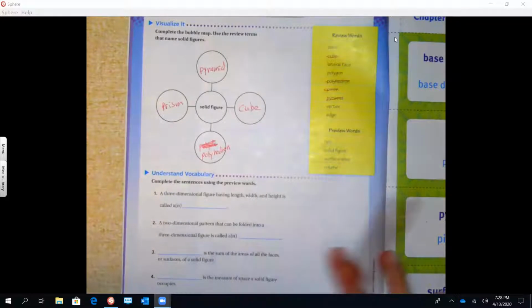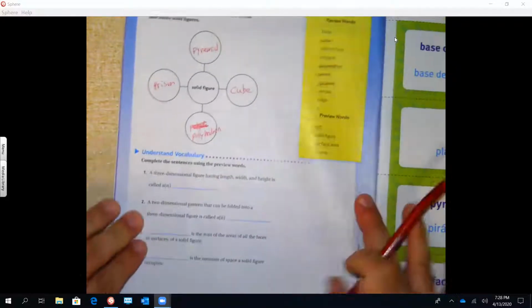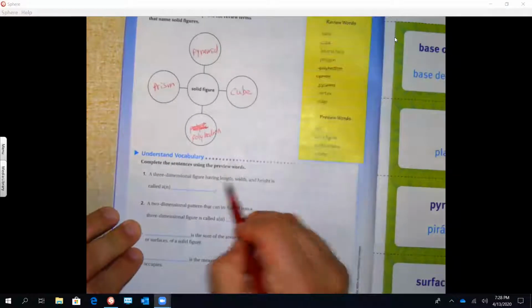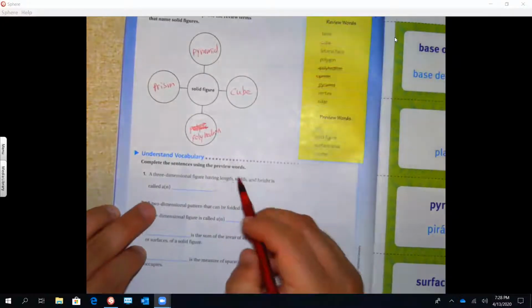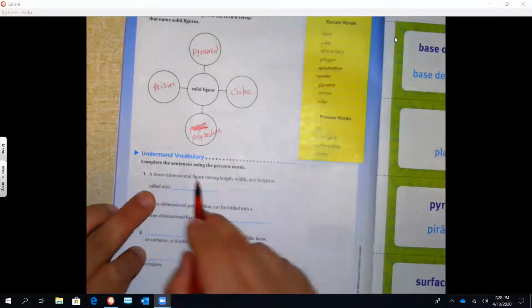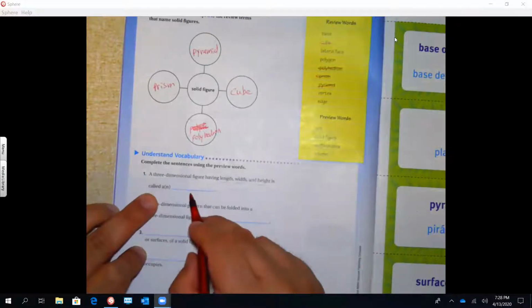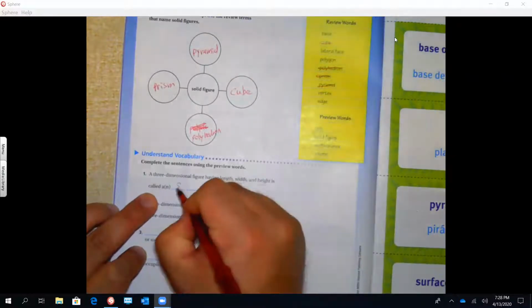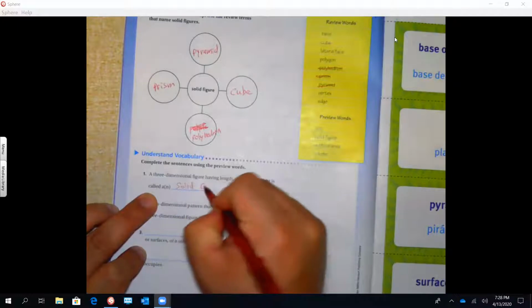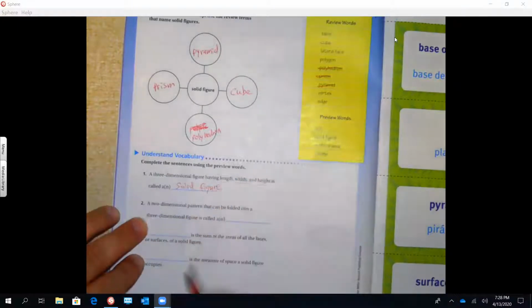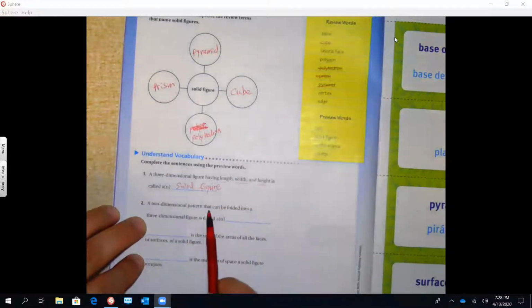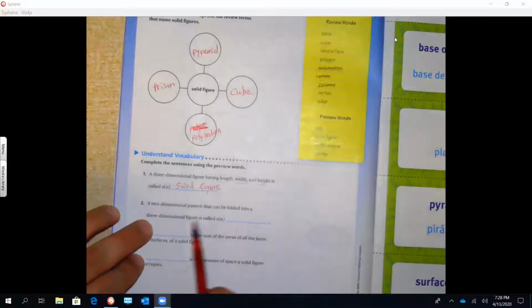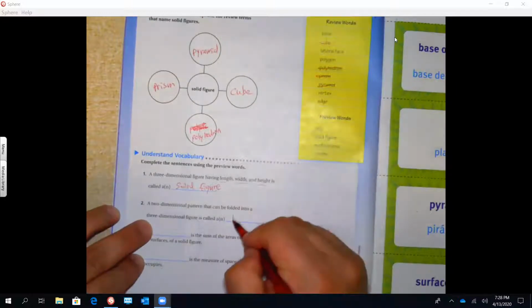Let's go over the rest of the vocab. A figure that has length, width, and height is called a three-dimensional figure. These are all called solid figures. A two-dimensional pattern that can be folded into a three-dimensional figure is called a net.